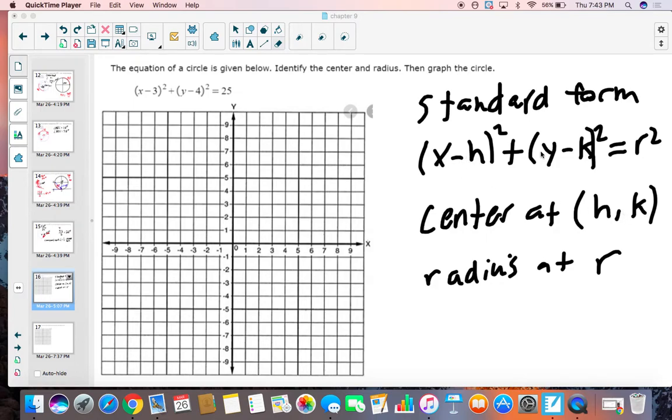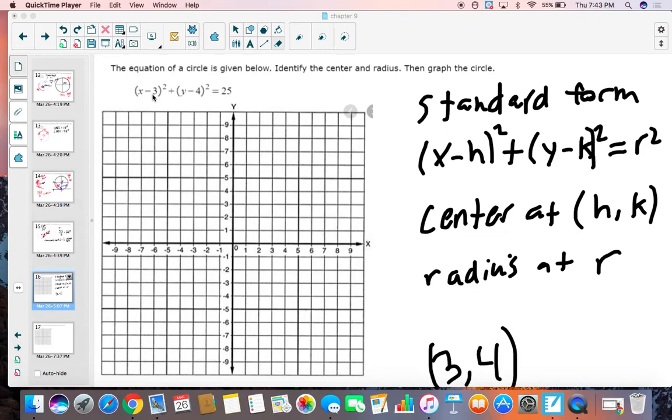So we have negative h, negative k. If we look up here at our numbers, negative 3 and negative 4, since it's a negative h and negative k, and we just want h and k, all we have to do is flip these signs. So the center of our circle is going to be at the point (3, 4).